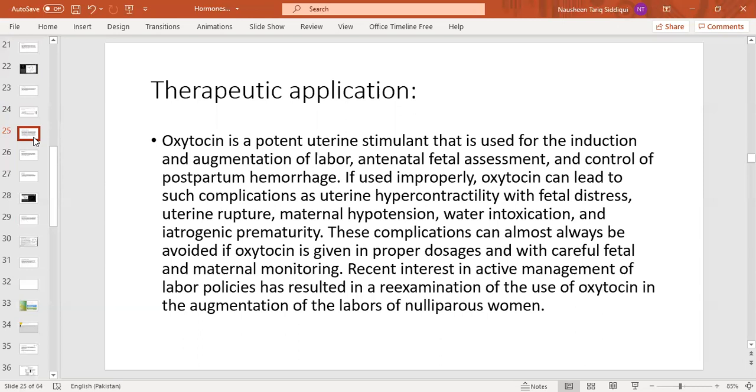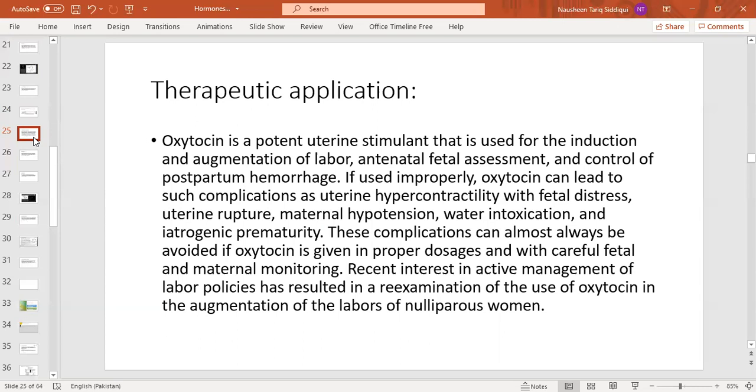If used properly, oxytocin can lead to such complications as uterine hypercontractility with fetal distress, uterine rupture, maternal hypotension, water intoxication, and iatrogenic prematurity. If used improperly, you can even get uterine hypocontractility with fetal distress.